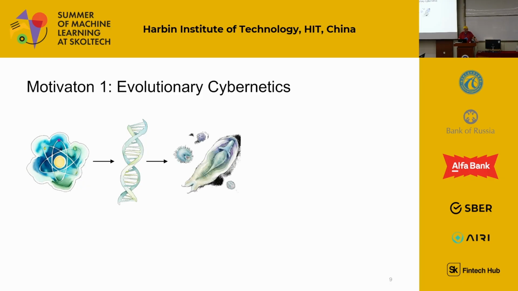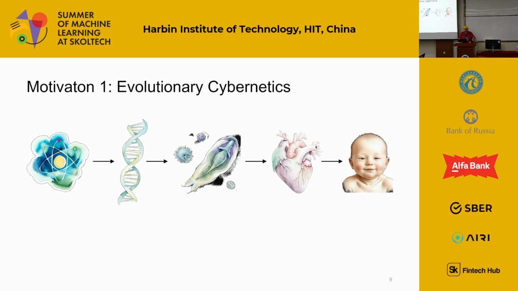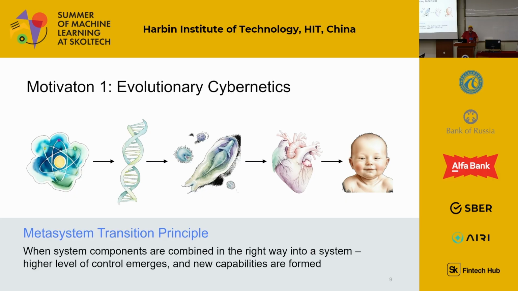And if you put molecules together like DNA molecules, we get cells, and cells can be very clever, like amoebas. They can go where there is light and where there are better conditions. And if you put cells together into organs and then assemble organs into a human being, it becomes alive suddenly. So a new kind of emergent level of control appears. And the idea is that when you build a system from multiple simple agents, there could be some kind of new level of intelligence.